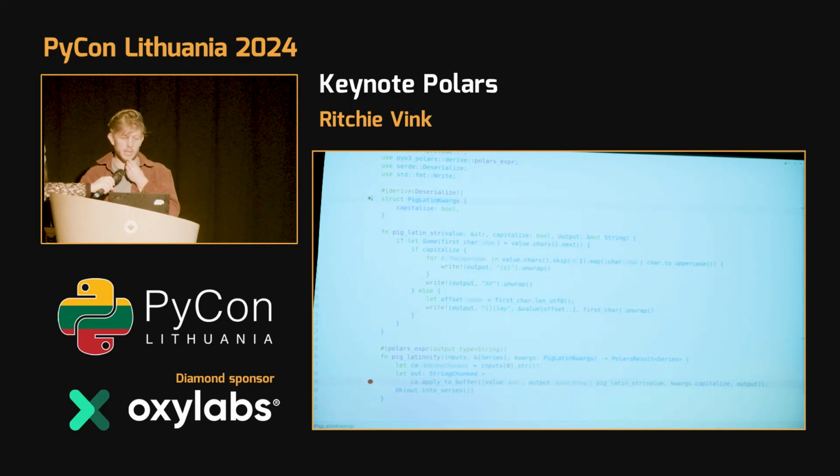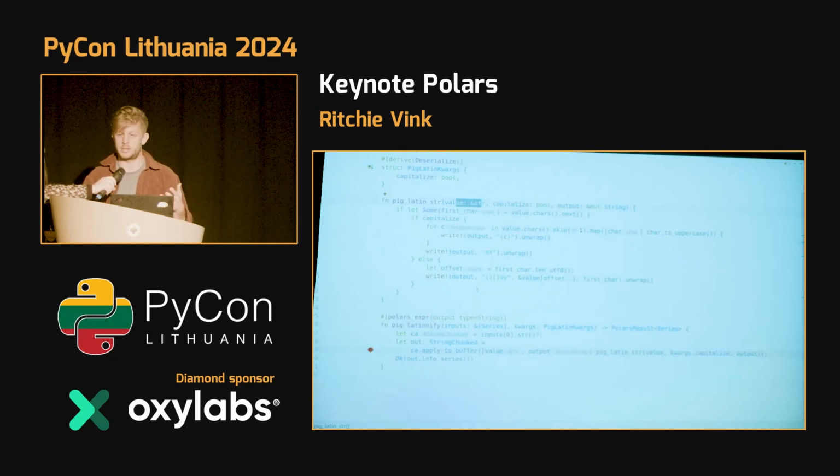So yeah, we can create some kwargs where this is some boilerplate where we can deserialize this. This is some Rust code that actually takes the value, takes an output buffer where we write to, and then we write a. This is the Rust code that does the Python code. You'll have to believe me that this is correct Rust that does the right thing.